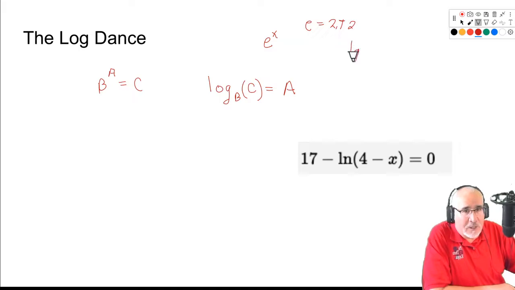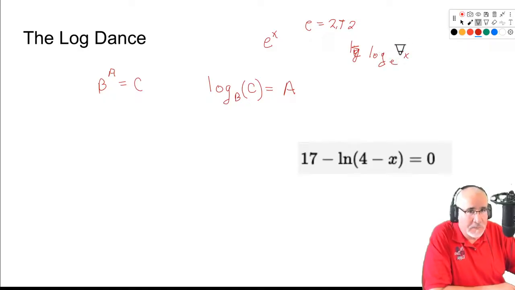So if you have the log base e of something, we use it so often that they said, let's make this shorthand. Let's call it the natural logarithm. So we call it ln of x. Okay, so that's the natural logarithm.